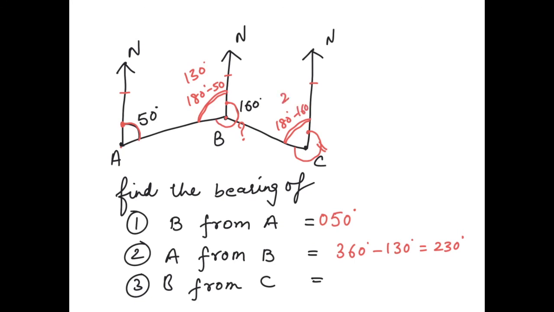So it will be 20. So if this is 20, this would be 360 minus 20. So it would be 340. So this is again three figures. I know the bearings look difficult, but it's not that way. If you just follow the rules of bearing, it becomes very easy.